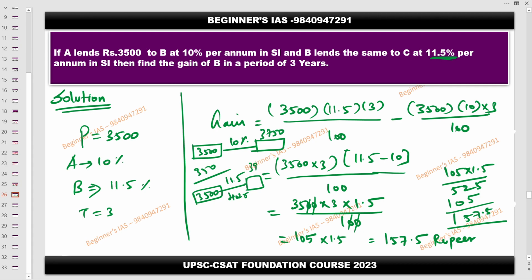Here just add this money. 3902.5. Clear? 3500 at 11.5% gives 402.5. If you are adding now, subtract this money, you will get the difference.